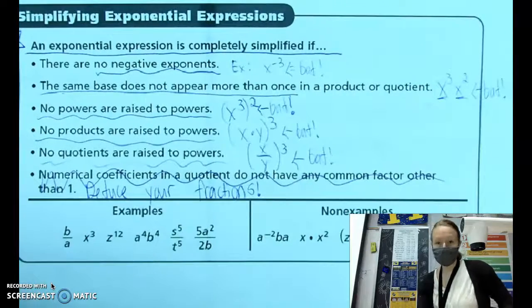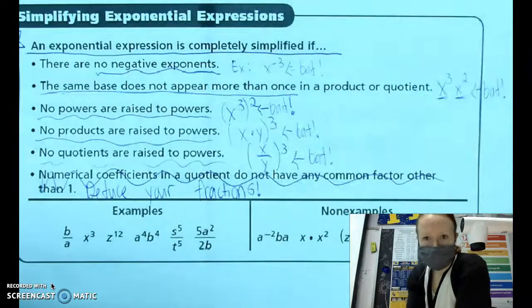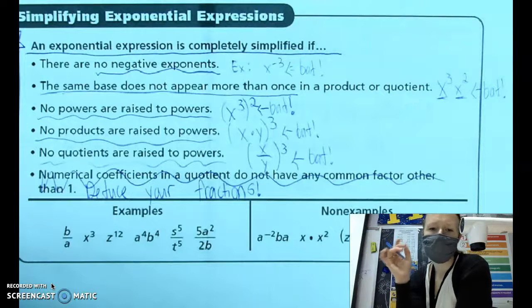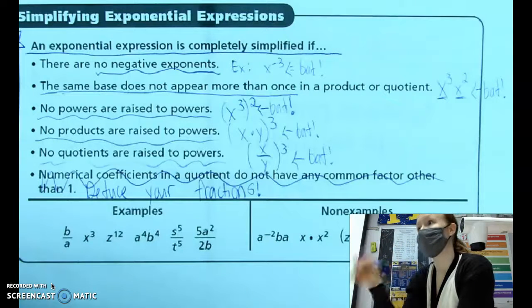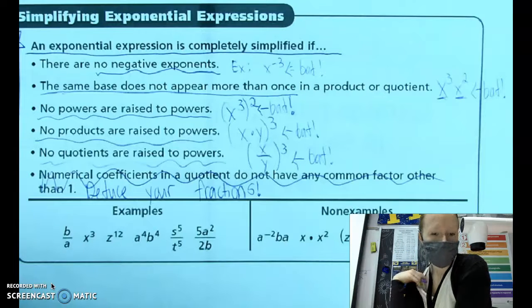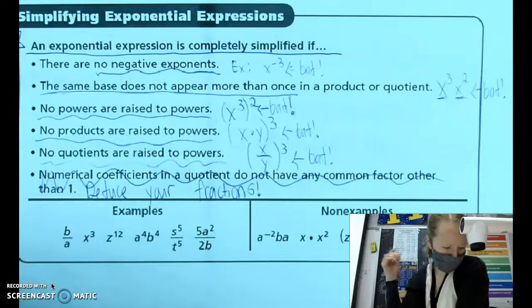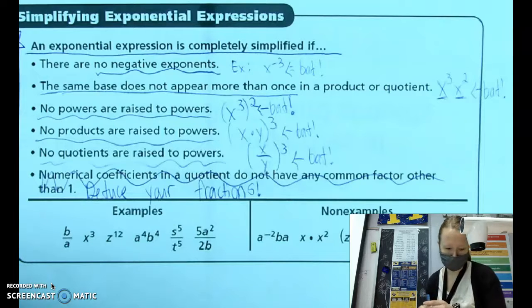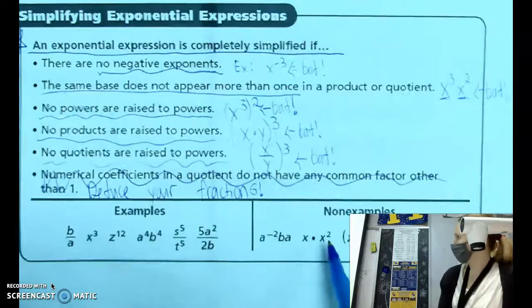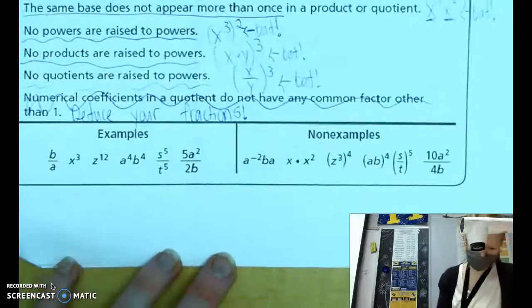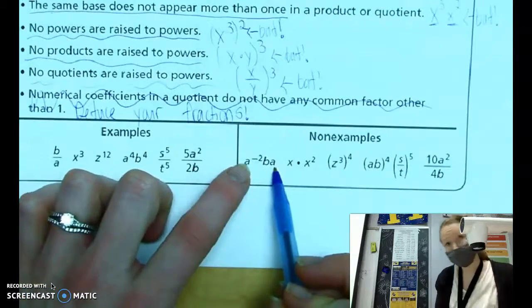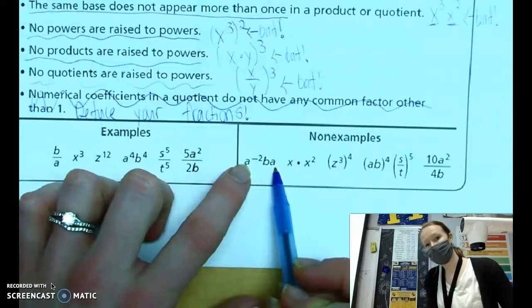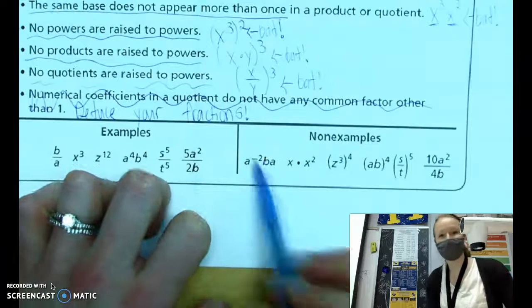Okay. So once you see all of these properties, eventually when you look at a problem, you're going to see how much you're going to have to do. It's just going to take some practice. Today we're going to get into how to simplify anything with multiplication in it, any problem with some sort of multiplication property in it. All of these non-examples are good ones to talk about because here, do you see how I have 2 of the same base? That's bad. It's also bad because I have a negative exponent.